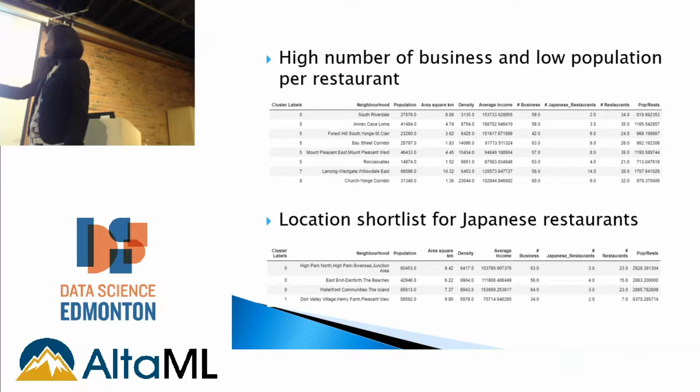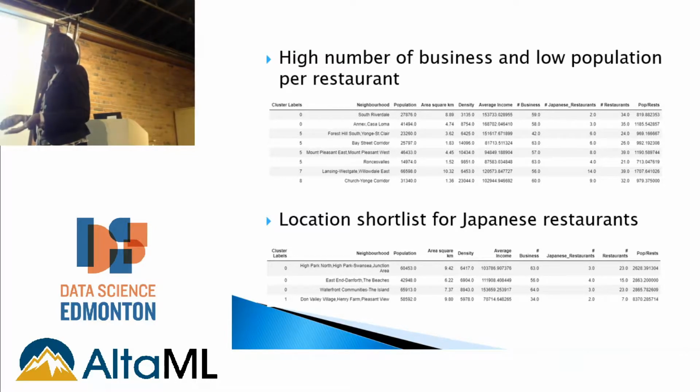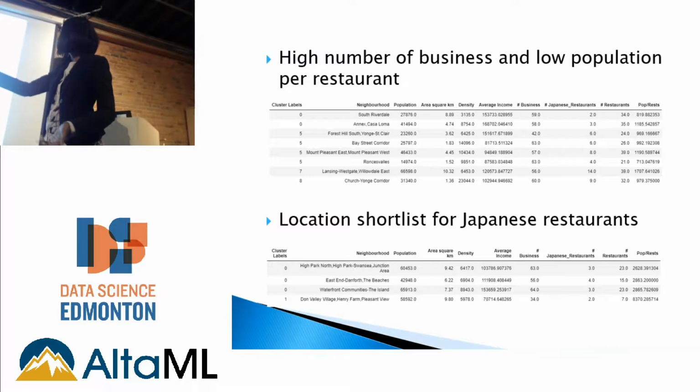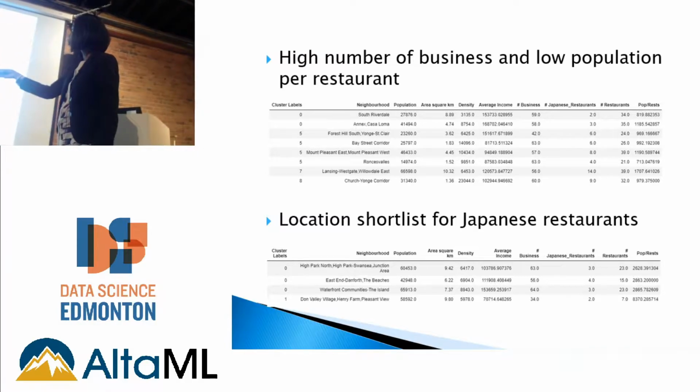Below here, I have a list of the locations which meet the criteria for an available location. You can see most of these locations are from cluster 0, and their population per restaurant is above 2,500. And their population density is also above 5,500.